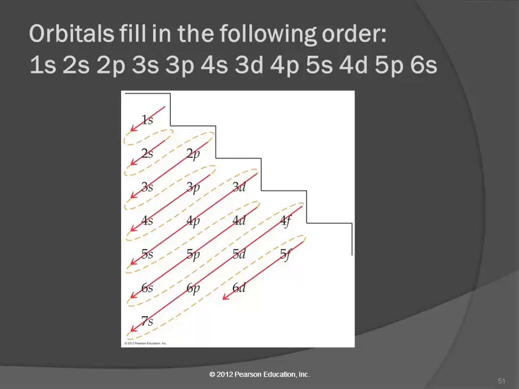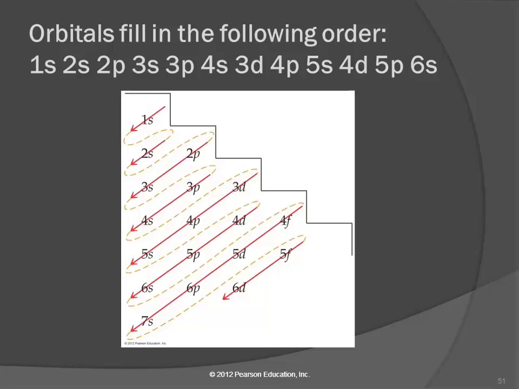This is one way. How does this help? That's a good question. Well, it needs a little explaining, which is why you don't just read the book and understand this. So what you can do here is you write these numbers: 1s, 2s, 2p, 3s, 3p, 3d. See, the first level has 1, the second level has 2, the third level has 3, the fourth level has 4, s, p, d, f.